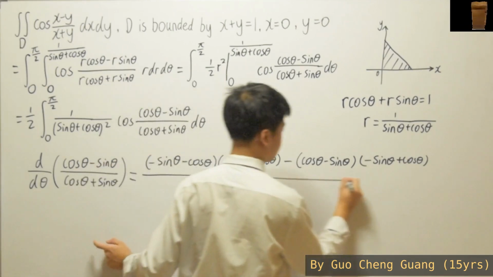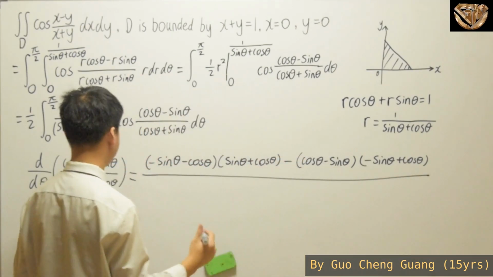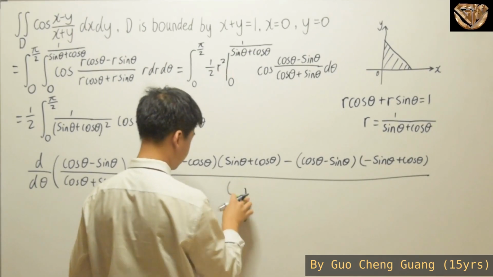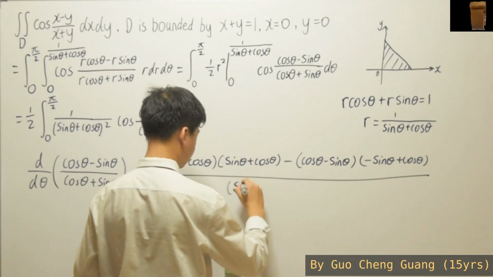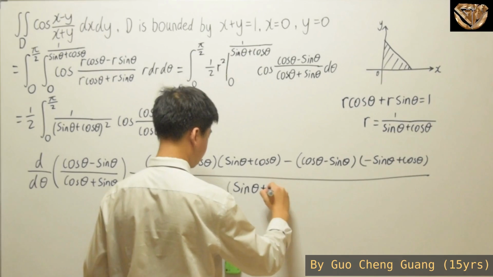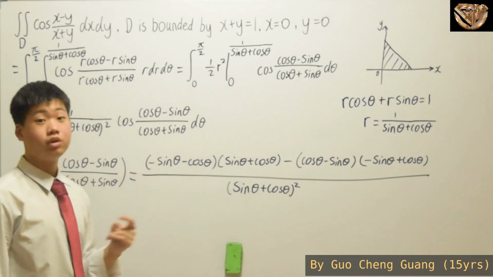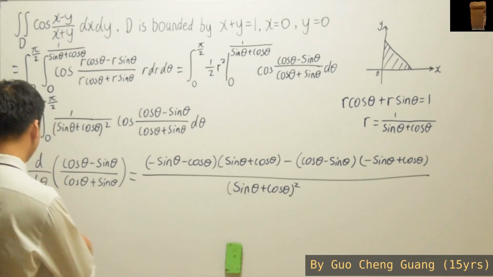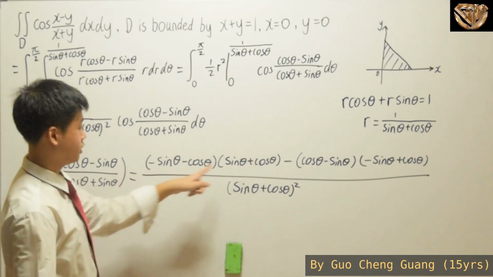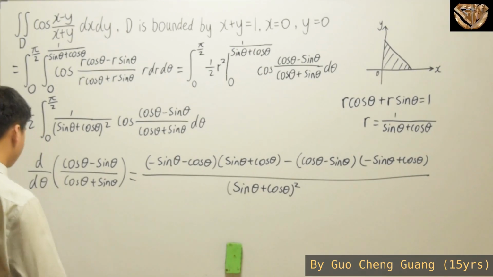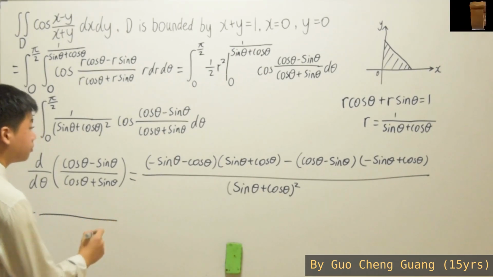And of course, this entire thing is divided by your denominator squared. Okay, so this is what you will have. Now if you realize both of these have a negative, let's take that out. So you have a negative.